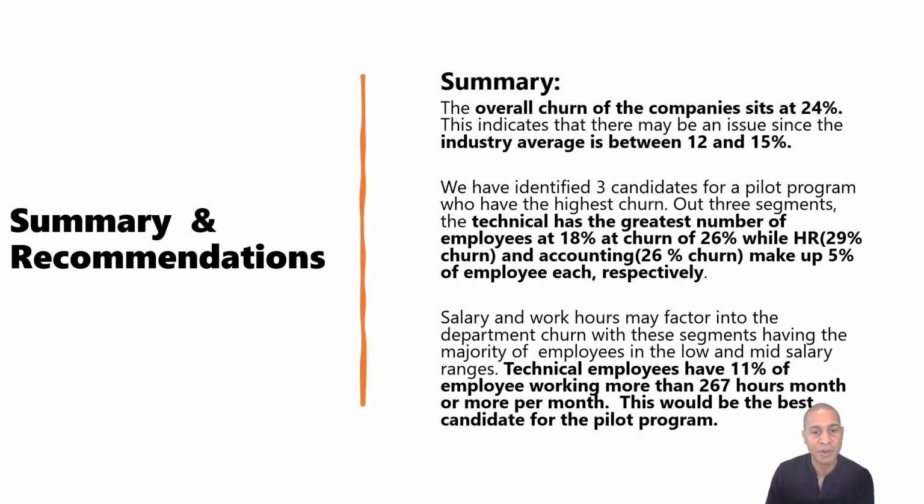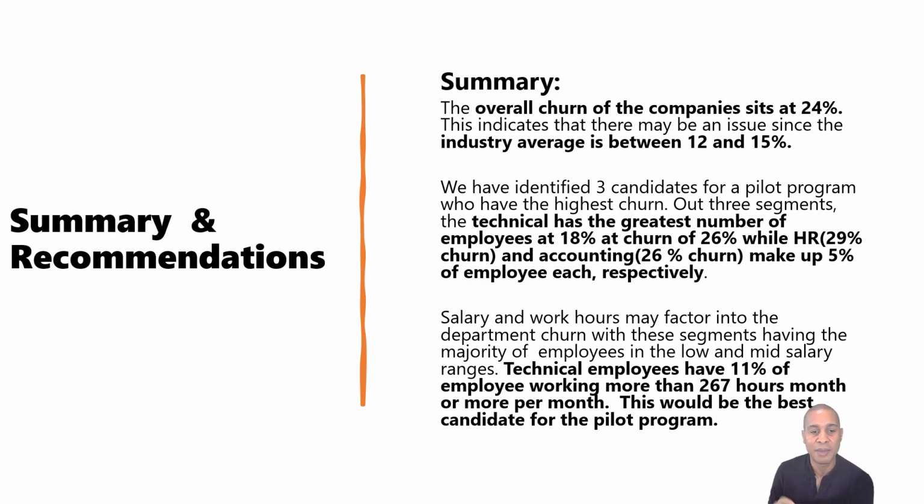So here's our summary. So we know that overall churn sits at 24%. This is far higher than the industry average of 12 to 15%, which I just Googled for Bureau of Statistics. We've identified those 3 candidates for our pilot program.